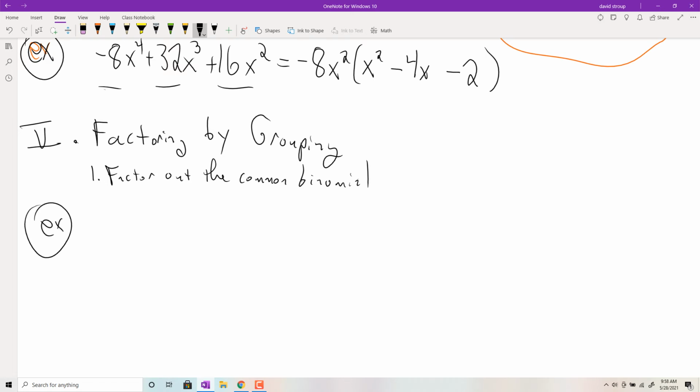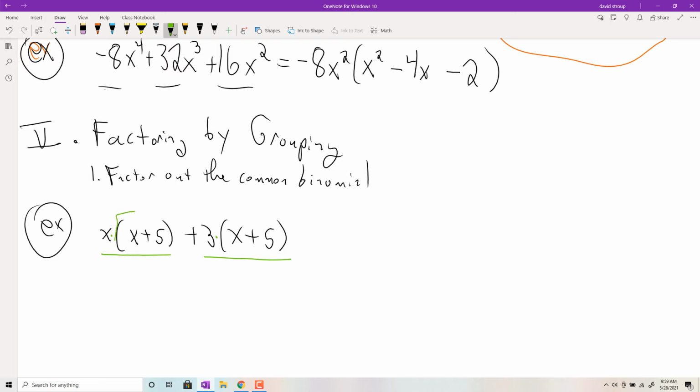The first ones are already done for you a little bit. So let's just look at it. x times x plus 5 plus 3 times x plus 5. If you think of this as just two terms, here's the first term and here's the second term, each term has a factor of x plus 5.